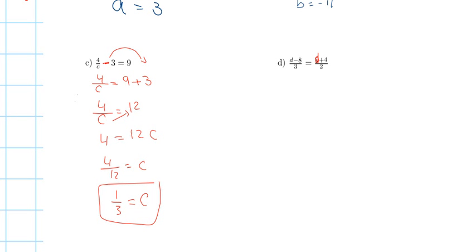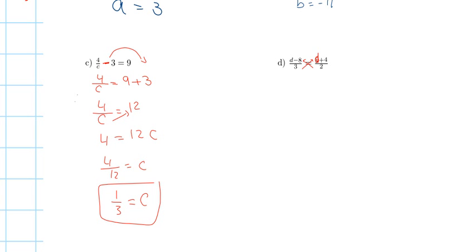So to get rid of the division by 3 and the division by 2, what do I do? Because I'm doing division, what's the opposite of division? Multiply. There's a process here called cross multiplication. I can do it in 2 steps, but to make it easier and with fewer steps, we actually cross multiply.